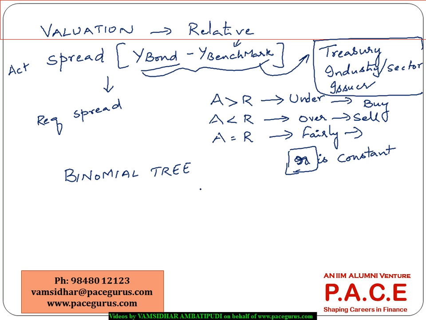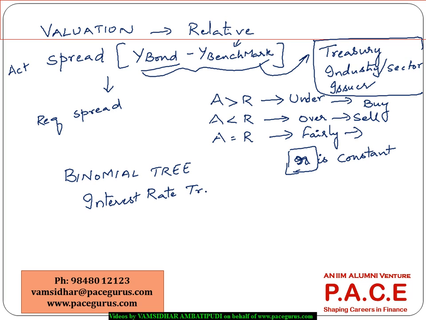So we cannot use a Black-Scholes model for fixed income securities dealing with interest rate fluctuations. We will go ahead using a binomial tree model. The first step in a binomial tree model is building the interest rate tree.